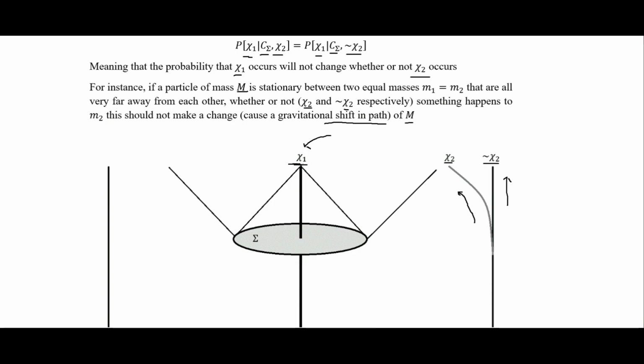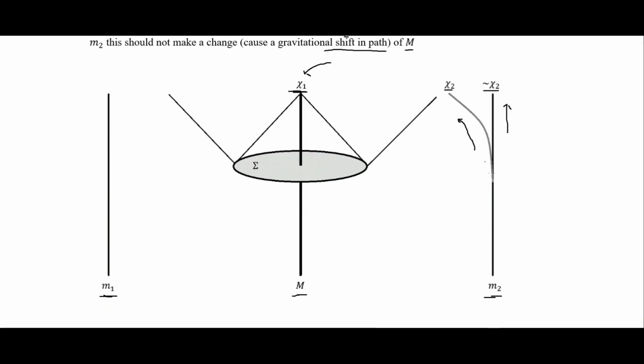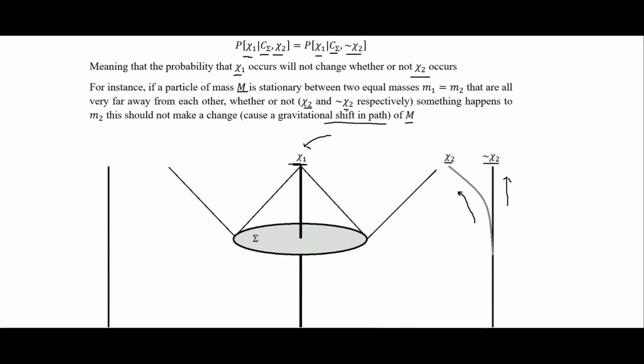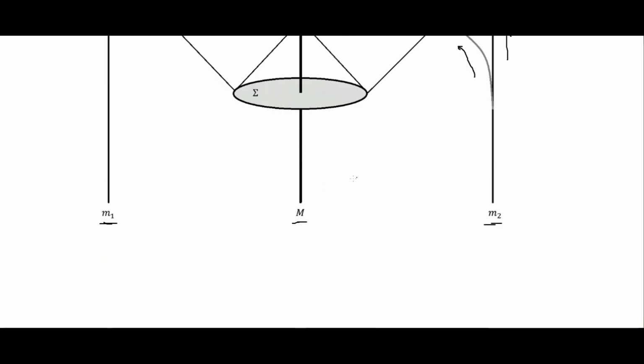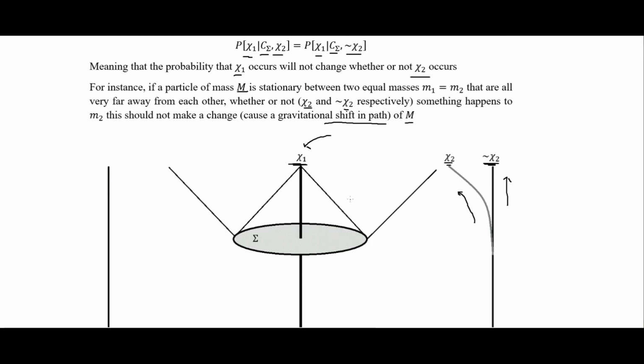So our lowercase m2 either changing or not changing direction right here should not change the path of this uppercase M, at least not instantaneously.